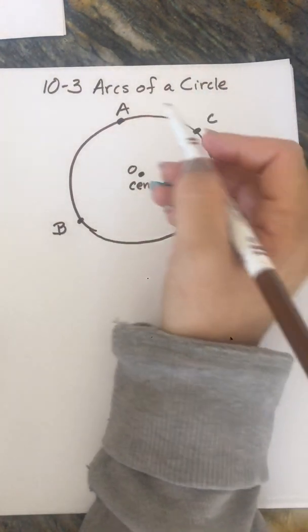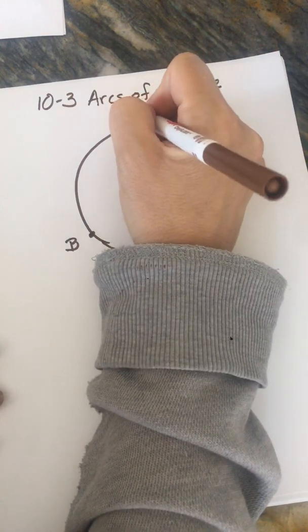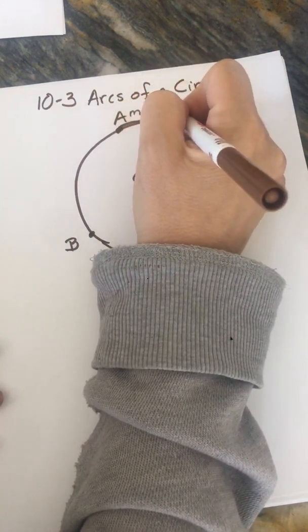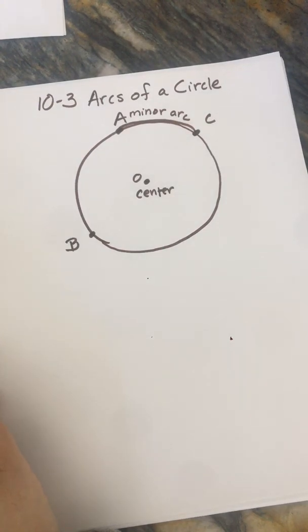Okay, so this right here, A to C, is called a minor arc. And you're saying, that's nice. So what's a major arc?